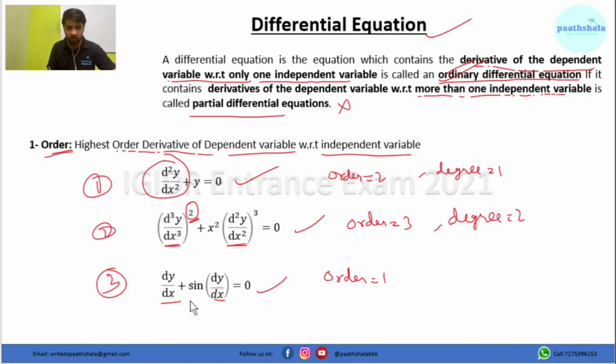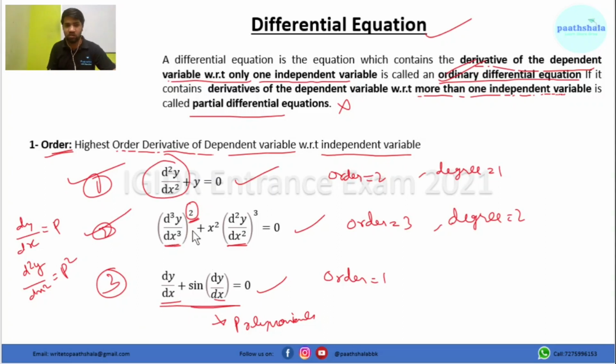Whereas if we look at the third equation, this equation is not in the form of a polynomial. What do we mean by polynomial here? Let's say I take dy by dx as p, and d2y by dx2 as p square. Then equation 1 and equation 2 will represent the polynomial form, but this is not in polynomial form.